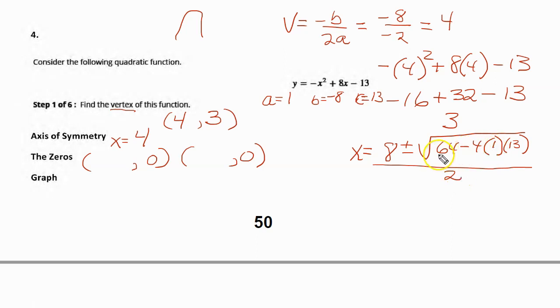So as we do this, this is going to be 64. Now 4 times 13 is 52. So under the radical, this leaves us with a square root of 12.